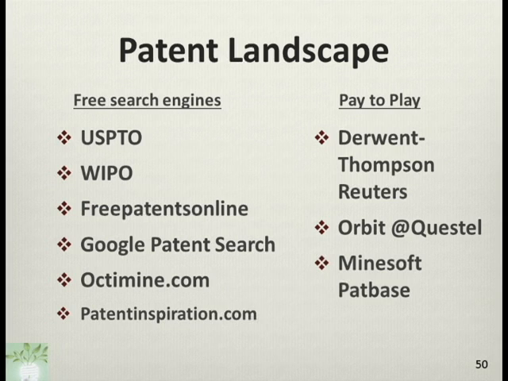So please check out that site. And then if you're really excited about this, you can go to the pay-to-play sites. These include Derwent, Thomson Reuters, Orbit by Questel, and Minesoft PatBase. But honestly, I think you'll find all the tools that you need in patentinspiration.com.